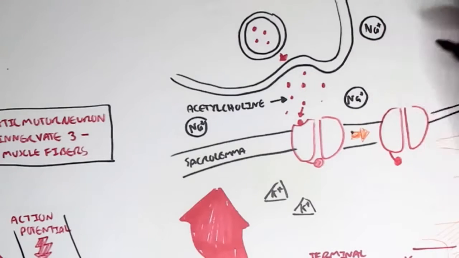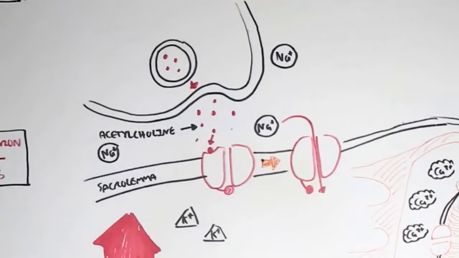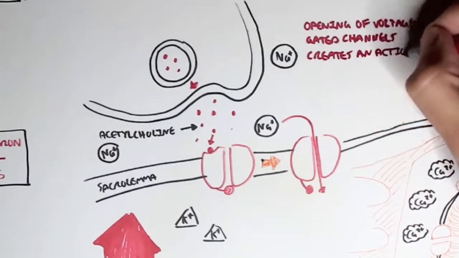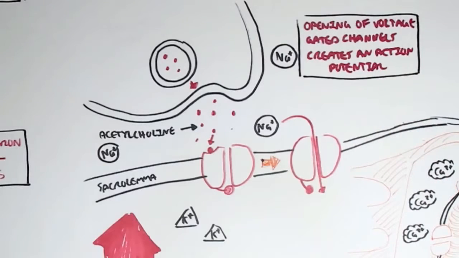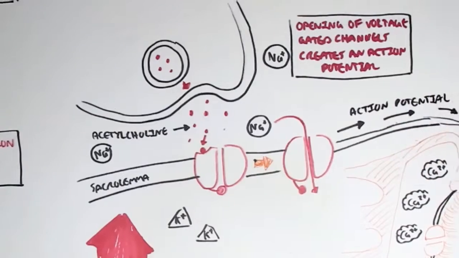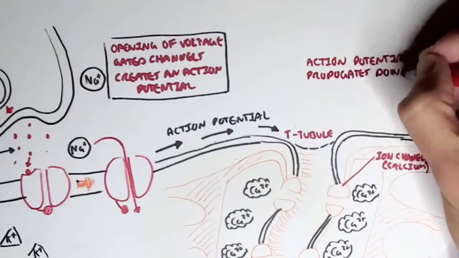When this receptor opens, sodium ions can then come inside. And when sodium comes inside, this will open the voltage-gated channels, which will then create an action potential. These action potentials will then travel across the sarcolemma, where the action potential can then propagate down the T-tubule.